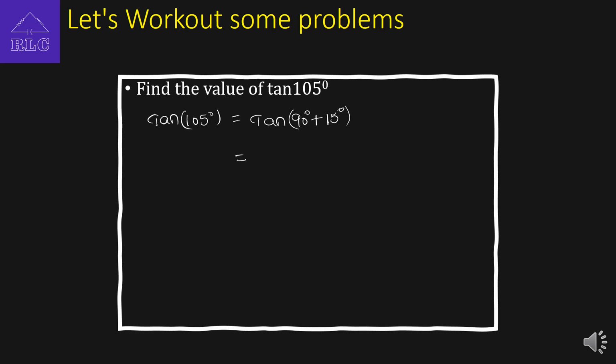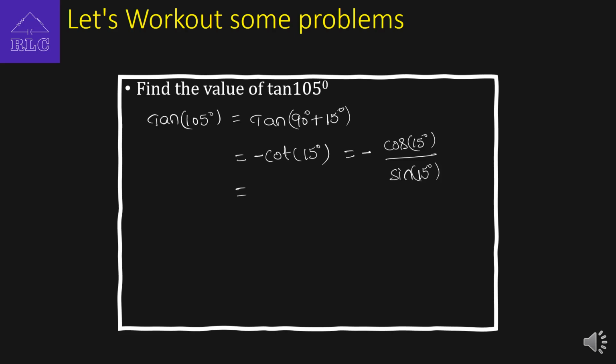Whenever you have a y-axis approach to tan, tan will be converted to cot. So we'll get cot of 15 degrees. Since tan is negative in the second quadrant, we have to put a negative sign. This is equal to minus cot 15, which can be written as cos 15 degrees divided by sin 15 degrees.